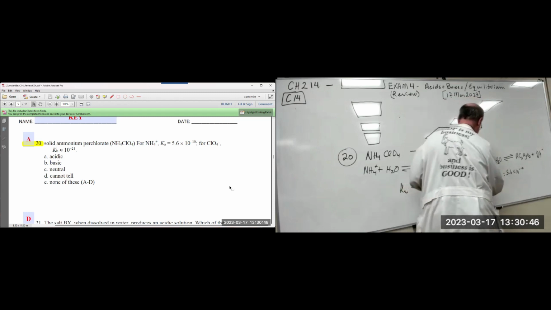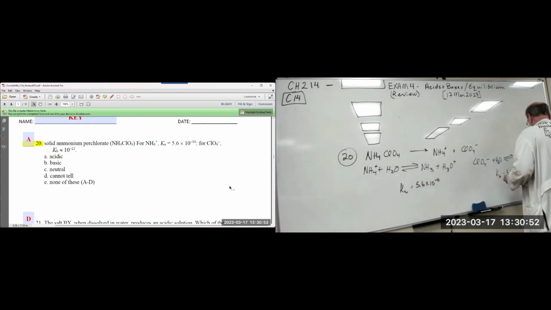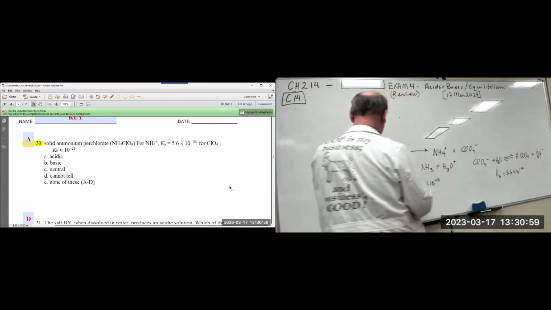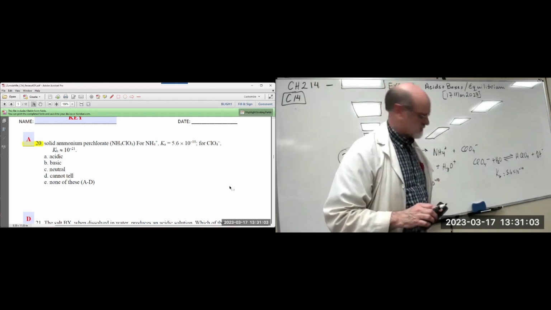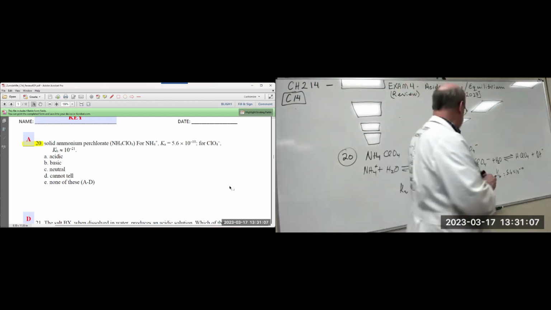This one would be ClO4 minus. And this would be HClO4. That's the same. Should be Ka is the same here, 10 to the minus 10, yeah. And ClO4 minus is about 10 to the minus 21.